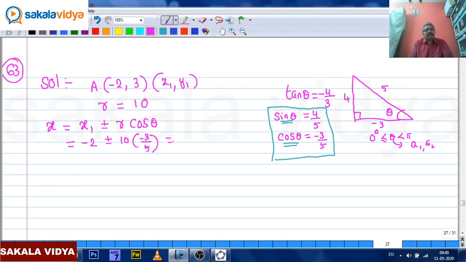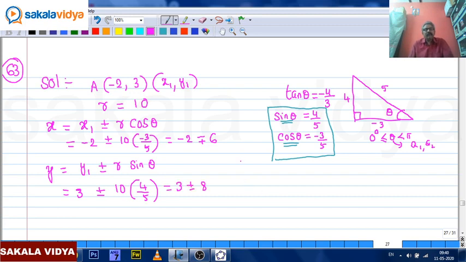So we get minus 2, minus into plus, minus 2 plus 6. Now y equals y1 plus or minus r sin theta. So y1 is equal to 3 plus or minus r, where r is 10 only, and sin theta is positive, that is very important, 4 by 5. Here you get 3 plus or minus 8.